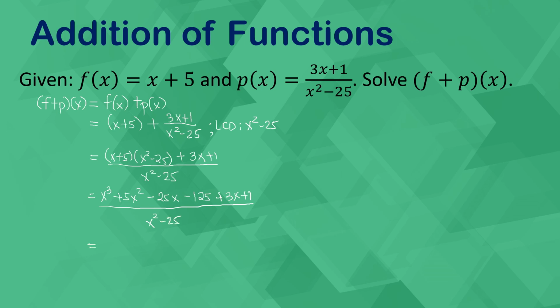We combine like terms: x cubed plus 5x squared minus 22x minus 124 over x squared minus 25. And that is the sum of f and p.